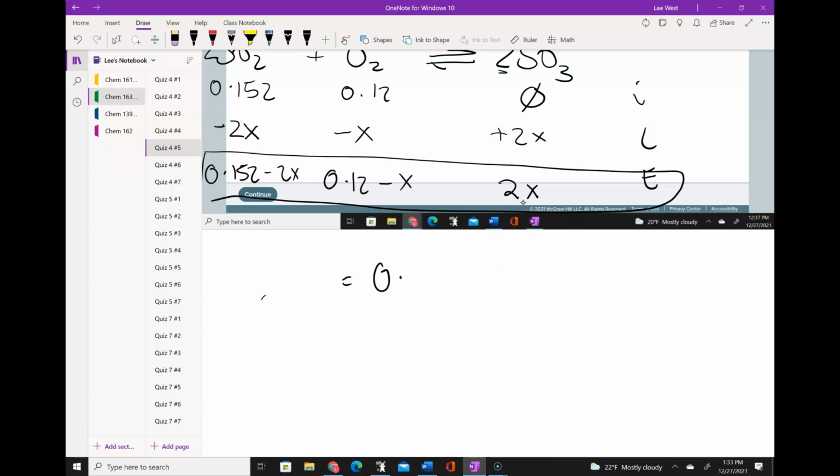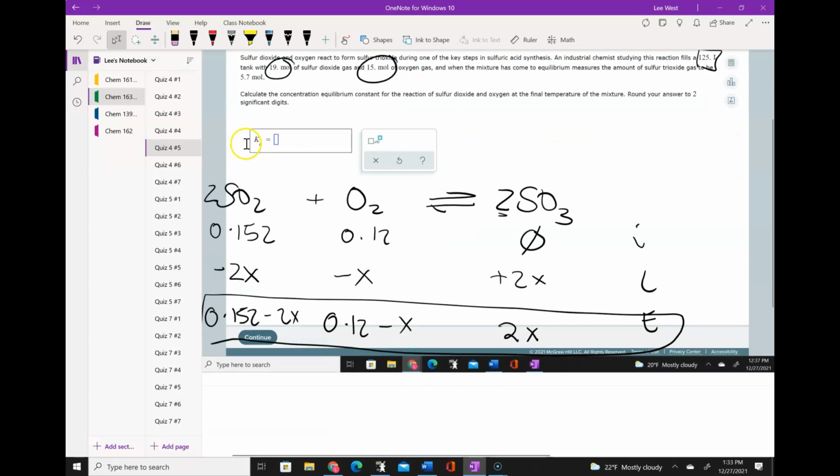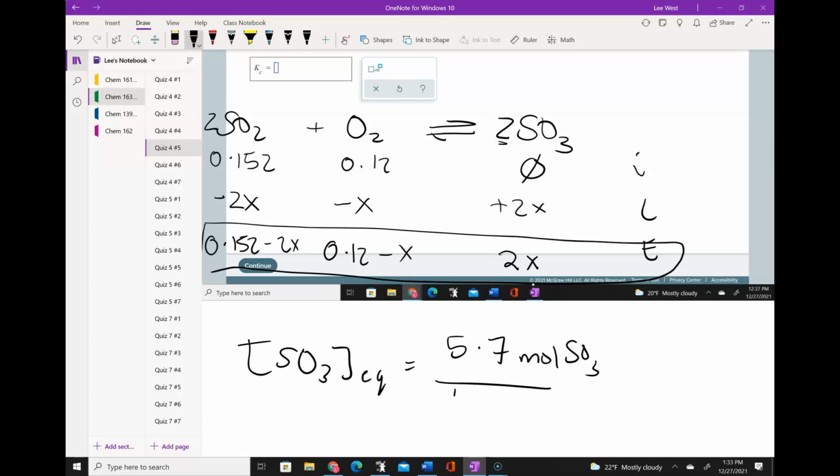There must be some more information in the problem. So let's go back up to the problem. It says when the mixture has come to equilibrium, the amount of sulfur trioxide gas is determined to be 5.7 moles. So at equilibrium, we have 5.7 moles of SO3 dissolved in 125 liters.